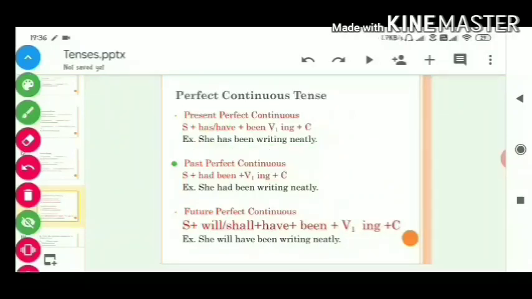Past perfect continuous tense: subject plus had been plus V1 ing plus complement. She had been writing neatly. Future perfect continuous tense. The formula for this tense is subject plus will, shall have been plus V1 ing plus complement. Example is: she will have been writing neatly.